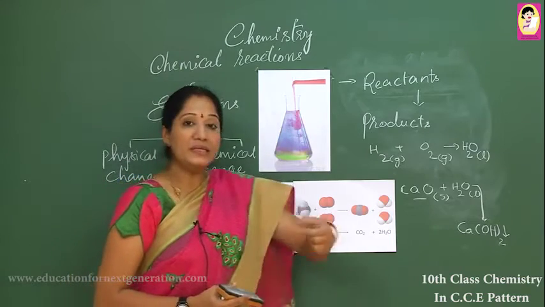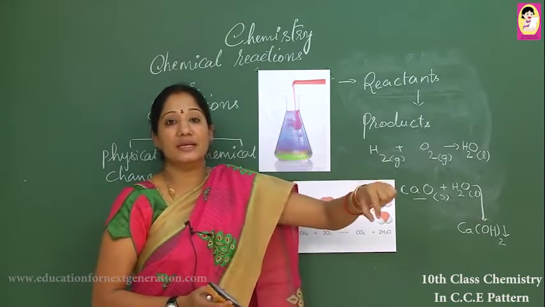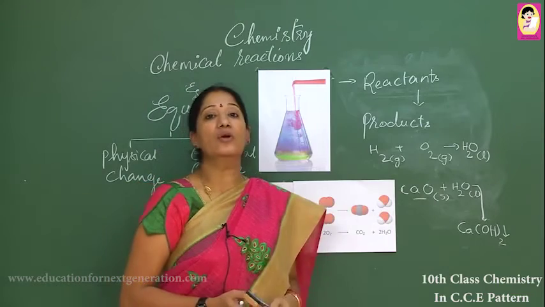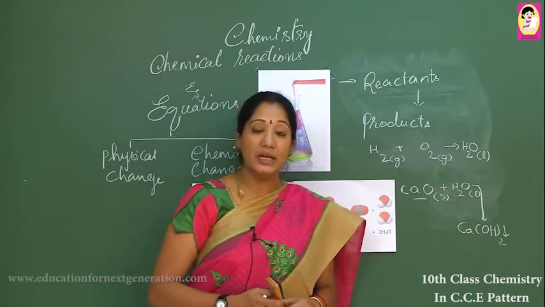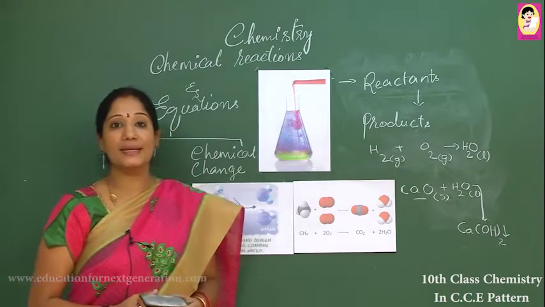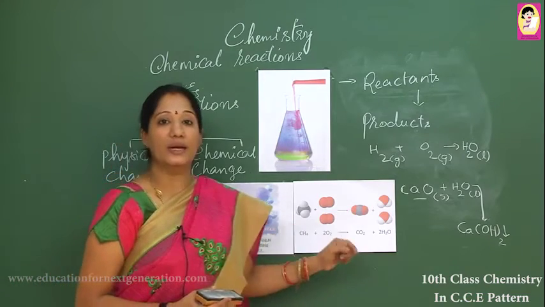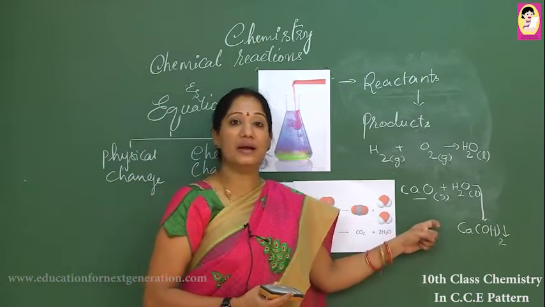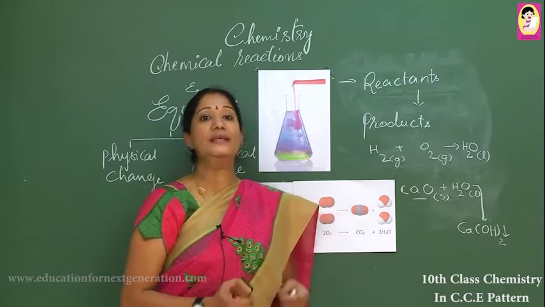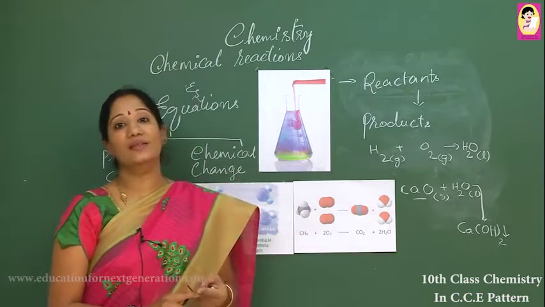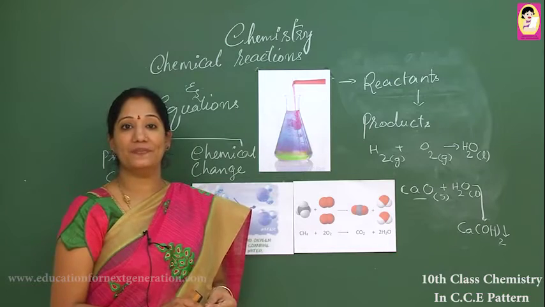So when the flame is added, the reaction is taking place with the consumption of heat energy. Such reactions are called endothermic reactions. So based on the heat absorbed or released, chemical reactions are divided into two types: one is the endothermic reaction, the other is the exothermic reaction.